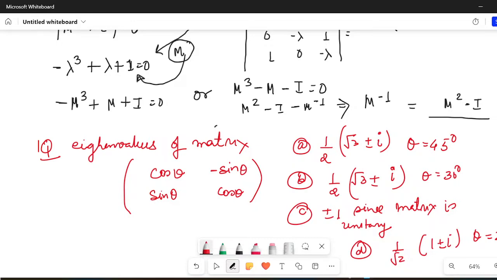Okay, so let us do this particular problem. I taught you this problem. See, I told you that this particular matrix is nothing but your rotation matrix. If you remember, we did the rotation matrix today in particular.